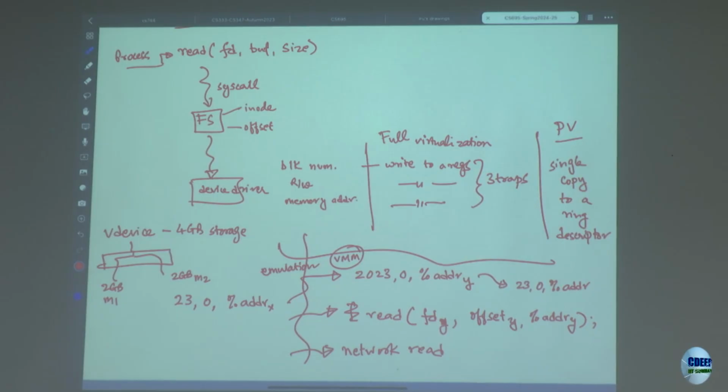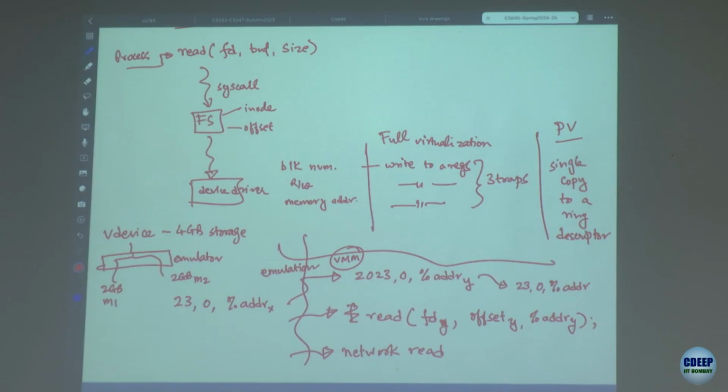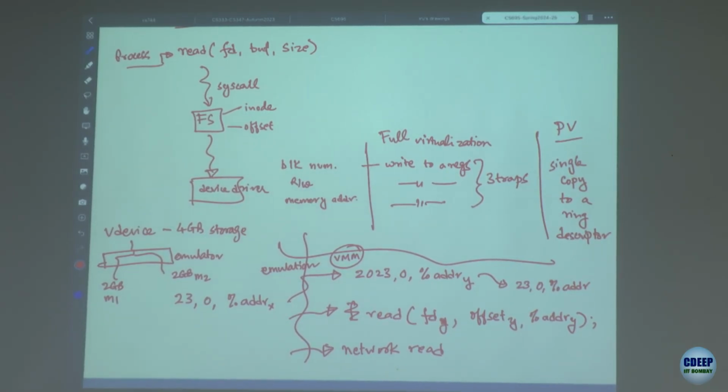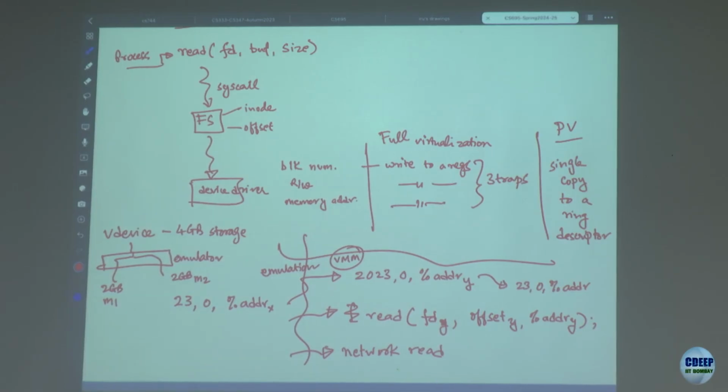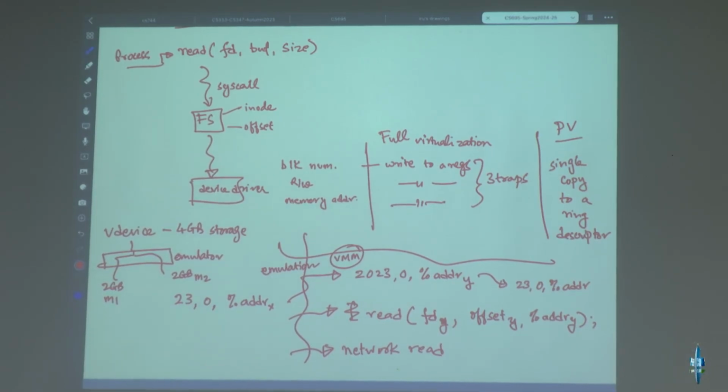And the emulator is sitting right in between here. So based on what you want to read on the virtual disk, you may actually read data from this machine or that machine, right? And that is just your emulation technique that you are using. That has nothing to do with para or full.